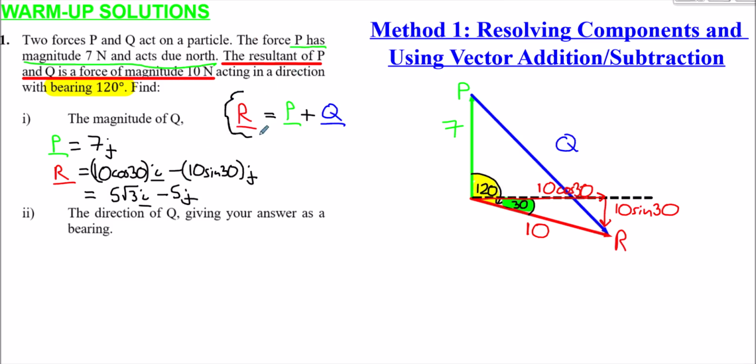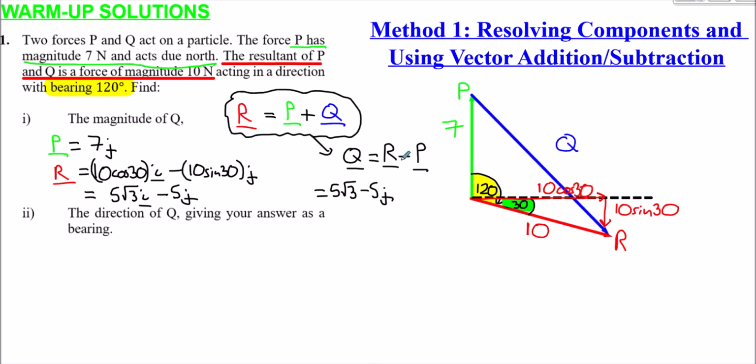So we can now take this and rearrange to find out what q would be. So q will be vector r minus vector p. And so if we just subtract p from both sides. So r is 5 root 3 i minus 5j.